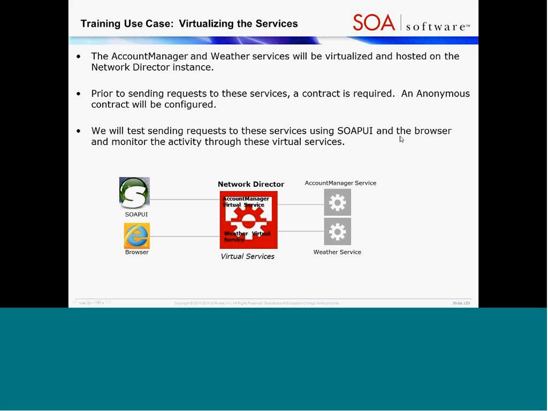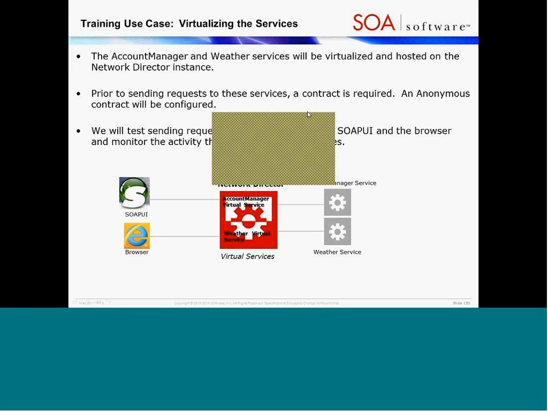I'm going to use SOAP UI, so I hope that all of you have SOAP UI or some type of client to allow us to send a request to our account manager service. If you don't have it, then you can watch as I do it.